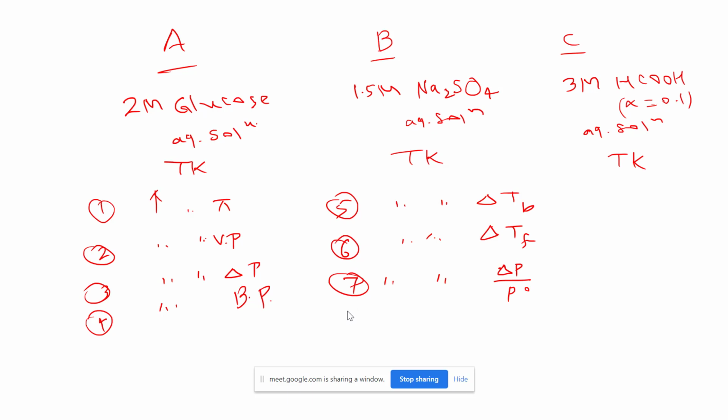And which question is left? Vapor pressure, delta P, freezing point. So increasing order of freezing point.